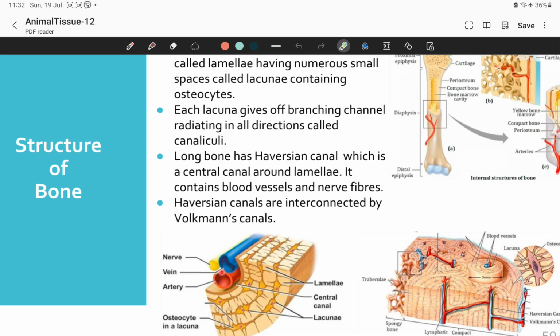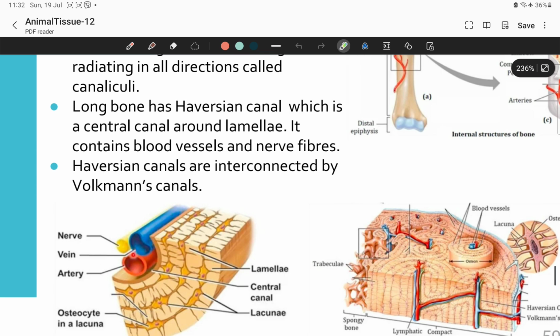And the long bone has a canal that you can see at the center. This canal is known as the Haversian canal, which is present at the center of the lamella.